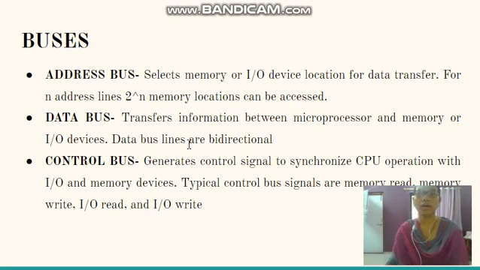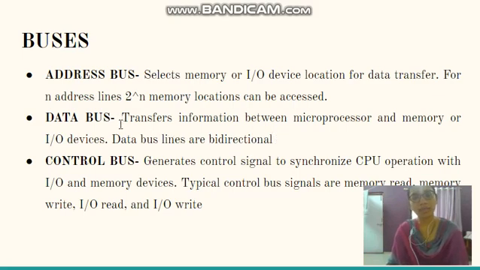So it is basically associated with carrying the data transfer location. If a processor has n address lines, it can access 2 raised to n memory locations. For example, in the 8086 microprocessor, we have a 20 bit address bus. So 8086 is capable of accessing 2 raised to 20, that is 1 megabyte of memory.